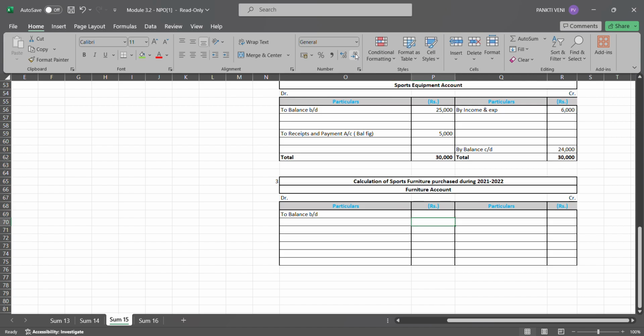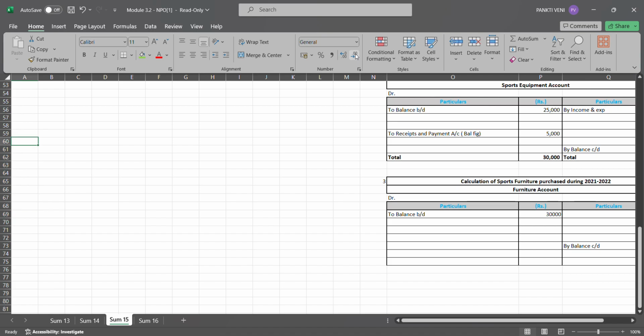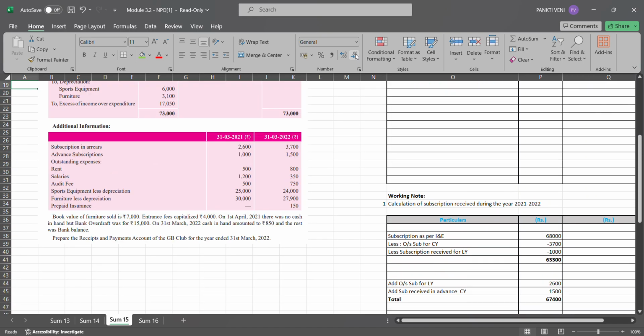To balance brought down, the opening balance is 30,000, and here you have by balance carried down, it is 27,900. So I noted down the opening balance and the closing balance.